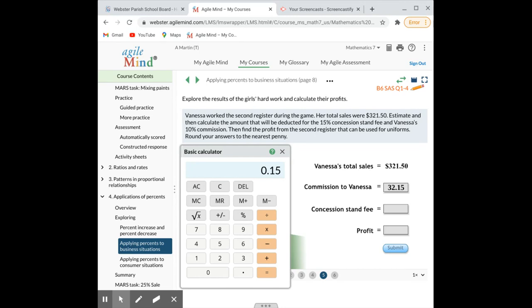All right, would I divide it or would I multiply it? I mean multiply it. All right, good. So I'm multiplying, and it's $48.23. Correct.